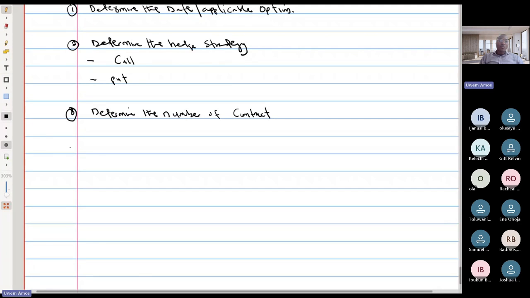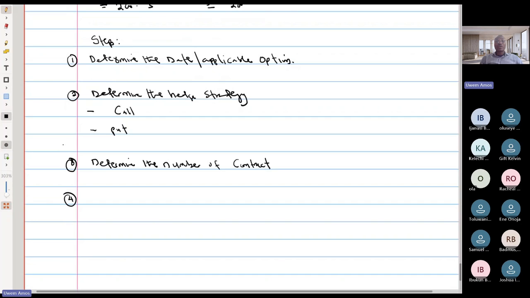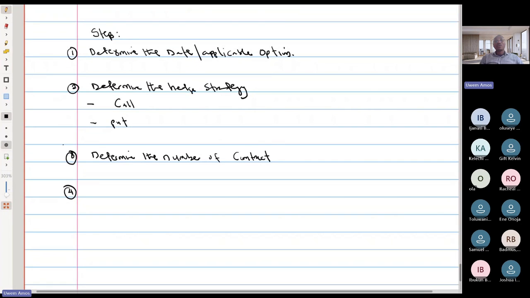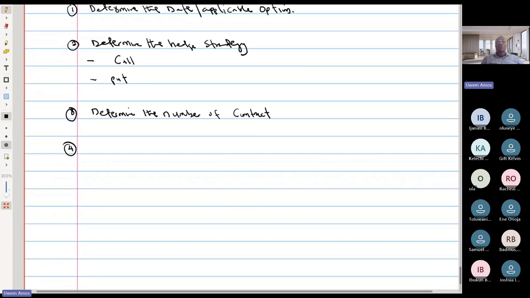The fourth step would be that where we have more than one option of the same date and strategy, we need to choose the right one.